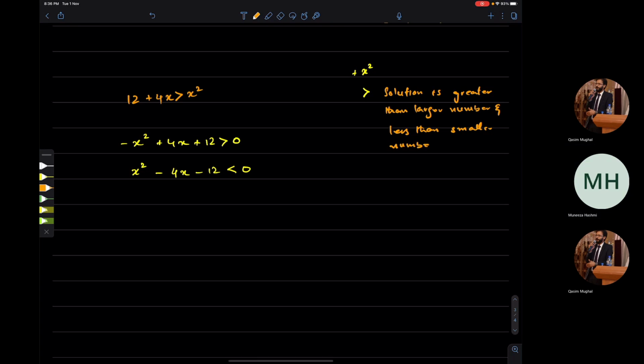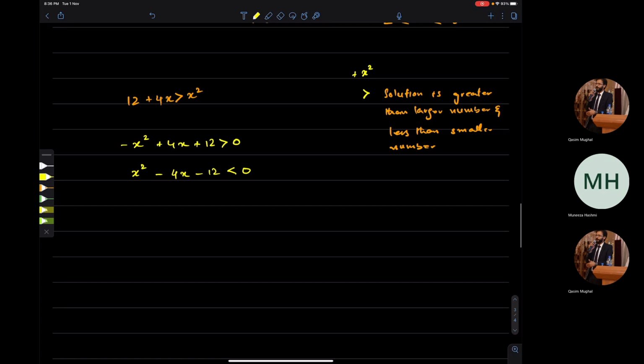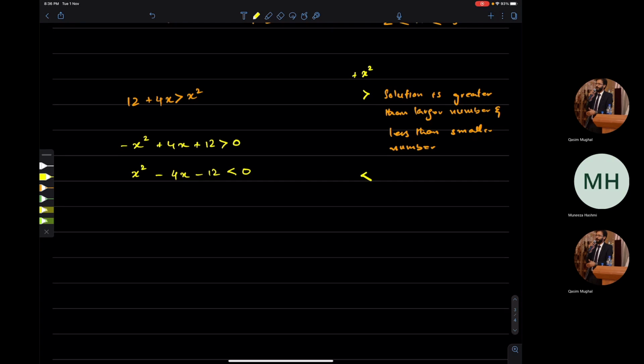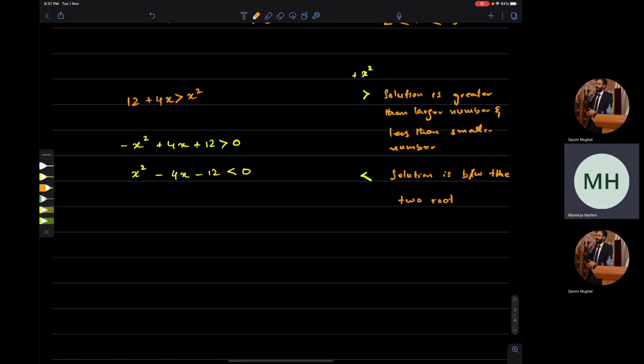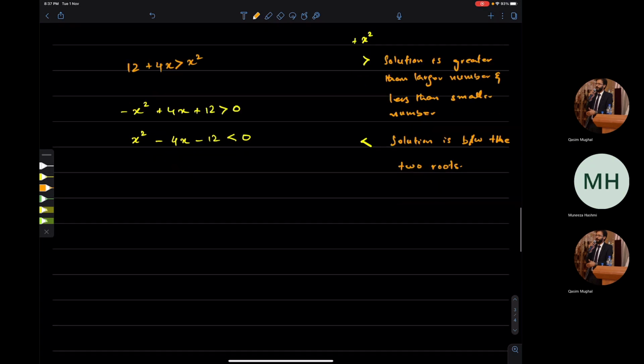And whenever you have a less than sign in the inequality, then the solution is between the two roots. Got it? Yes, sir.